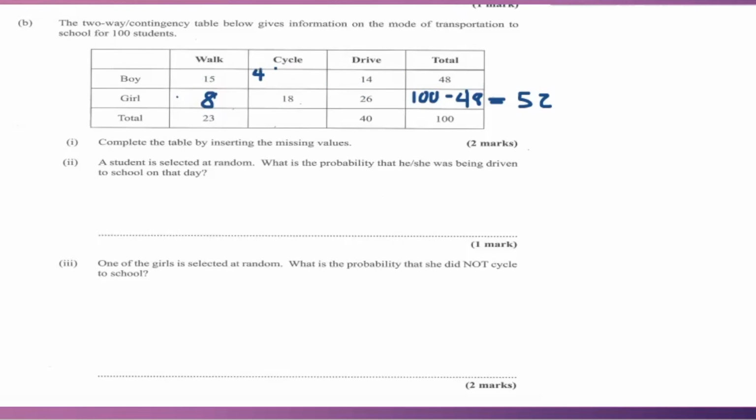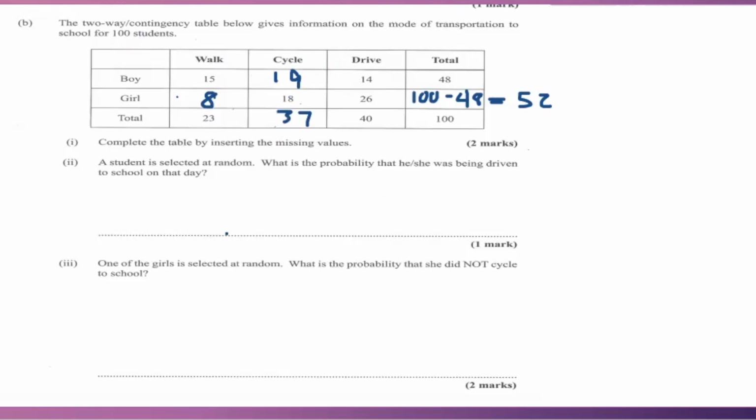So it's 48 is the total, minus the 15 that walk, and minus the 14 that drive. And when you calculate this, you will get 19. So I'm going to put 19 in this position. And finally, to find the total that cycle, I will add 19 plus 18, and that will give me 37.